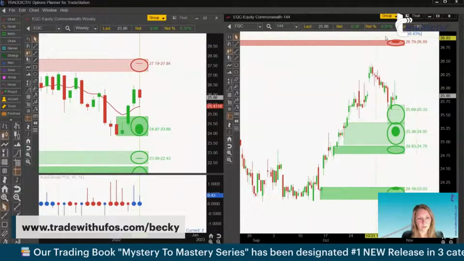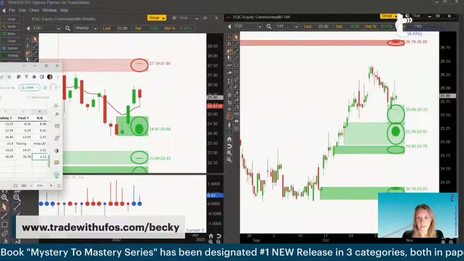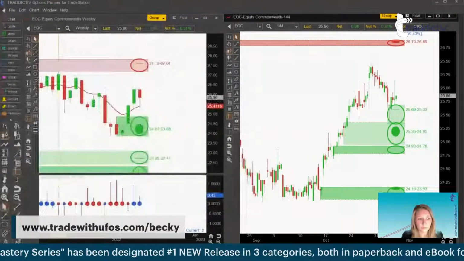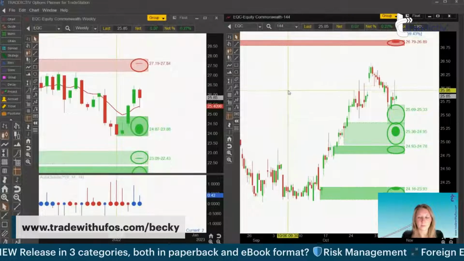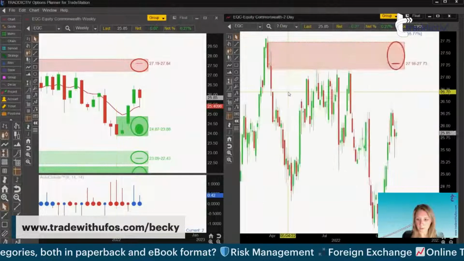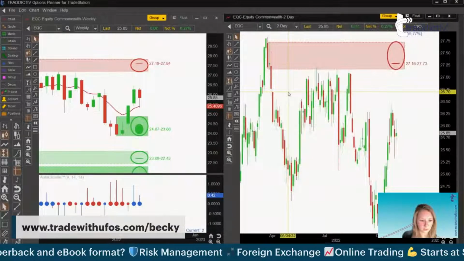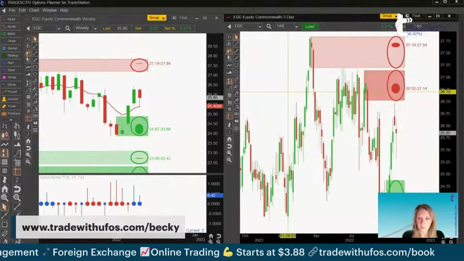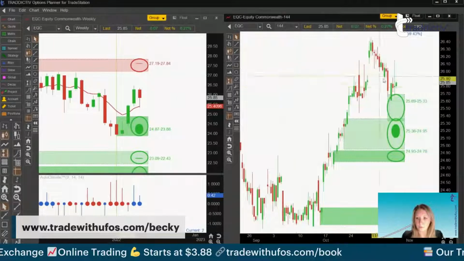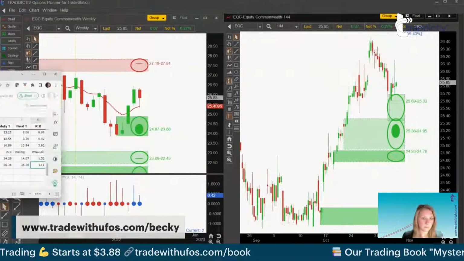My rule as we do these sessions is no less than 50%. So on the 144-minute chart, we've got a 59% probability. Let's just quickly look, see if we've got opportunity on other time frames that might have a better number. Doesn't look like it. So the 144 is what we're doing, and let's put that on.